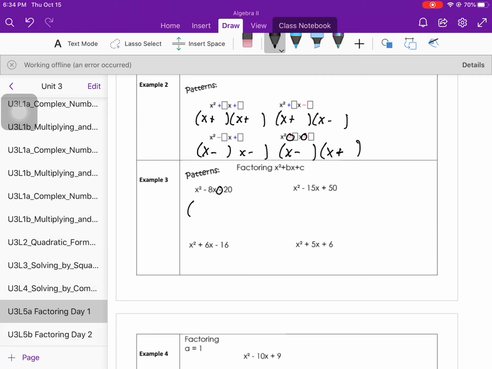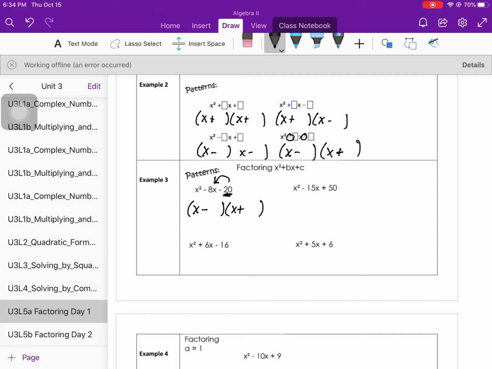So this one here, we first look at the second sign. So that tells us signs are different. Still do the double parentheses. We know it's going to be x and x. So let's do an x minus and an x plus. So now we have to think of factors of 20, because that's our last number. Factors of 20 that have a difference of 8, because they're going to subtract with each other.